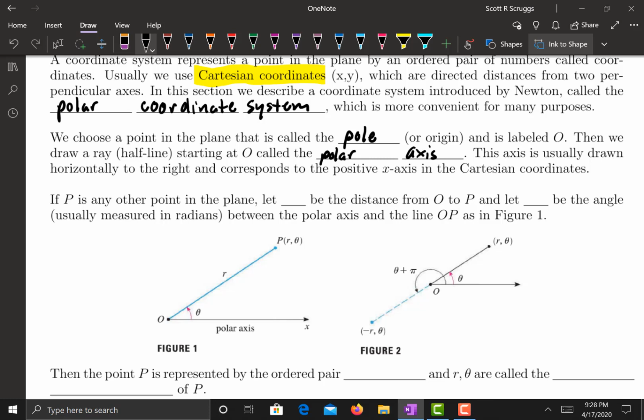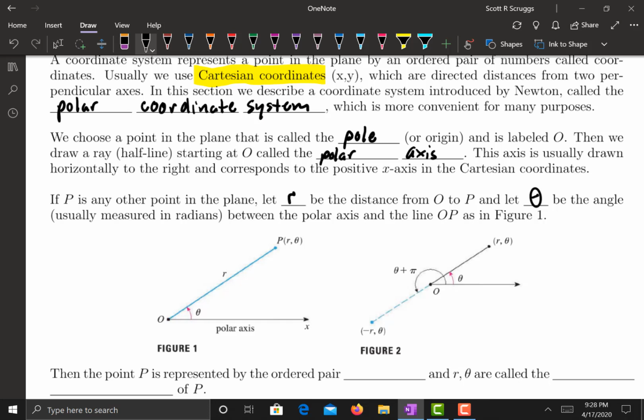And so the way we're thinking about a point in the polar system is when I see the value r, it is the distance between the pole and that new point that I just described. And the angle theta is going to be the angle that is measured between the pole and that new point.